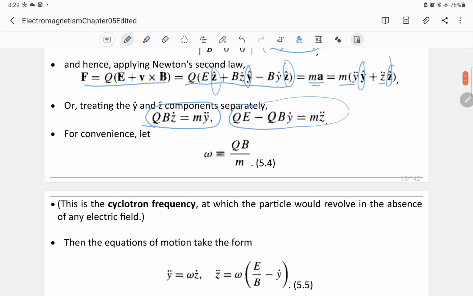So we can let qB over m be omega. We actually will find later on that this is just the frequency of the motion, or the cyclotron frequency in this case.